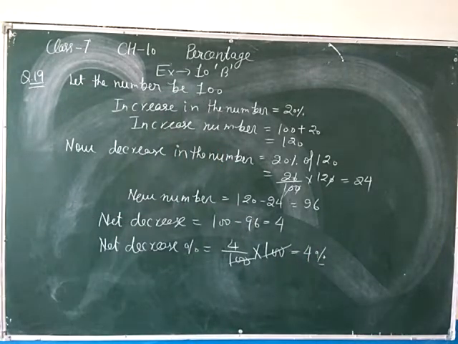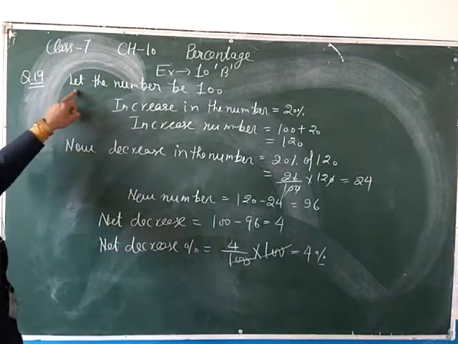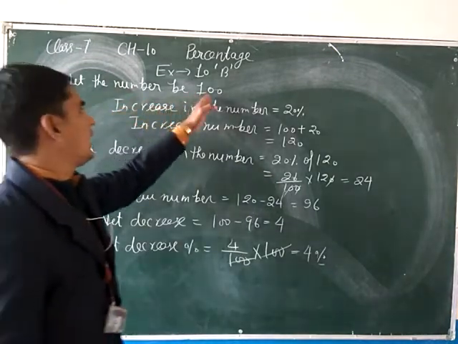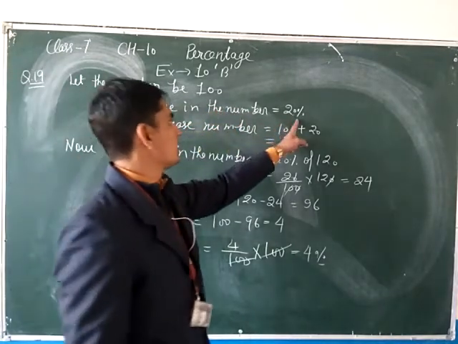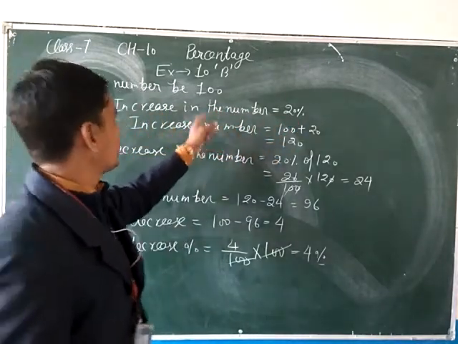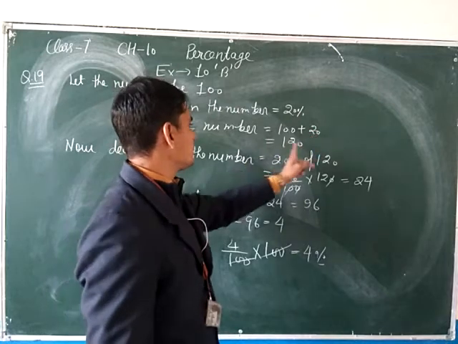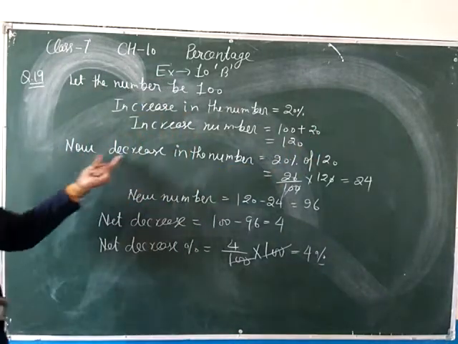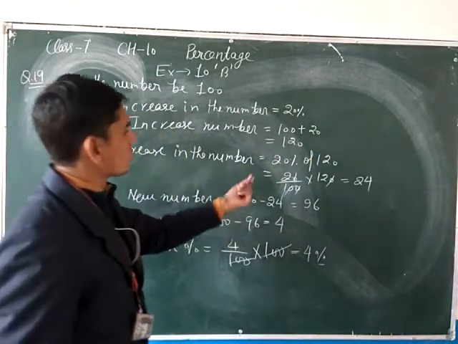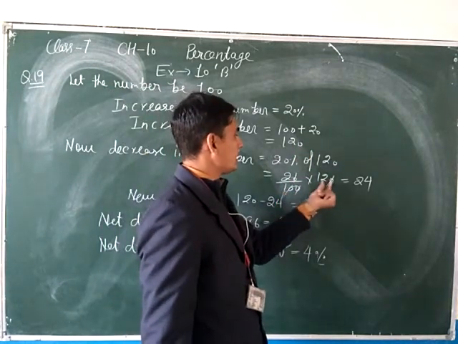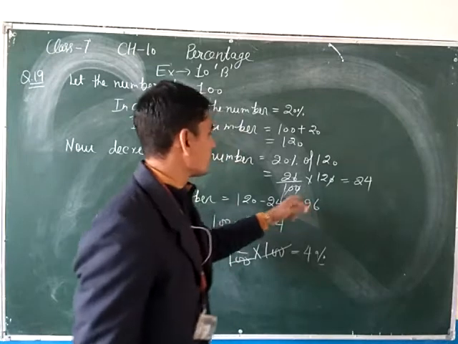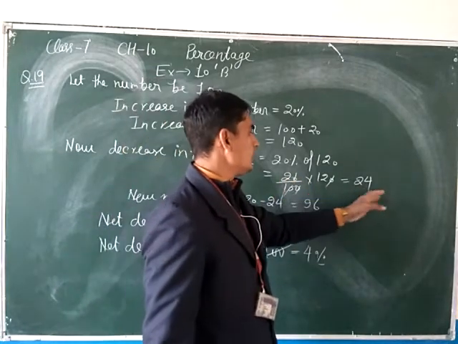So see again. First of all, let the number be 100. Increase in the number is 20%, so the increased number becomes 100 plus 20, which means 120. Now decrease in the number is 20% of 120, so 20 upon 100 multiply 120. Zero cancels zero, 12 twos are 24.